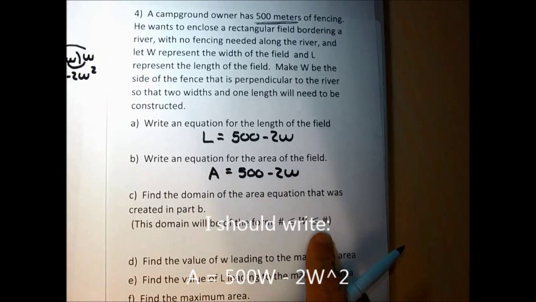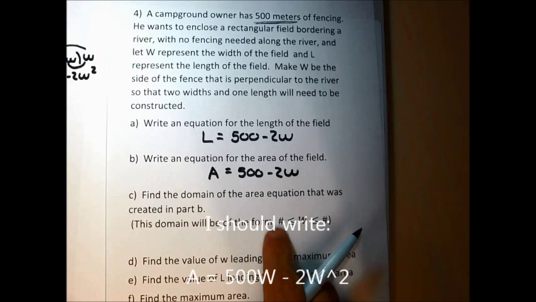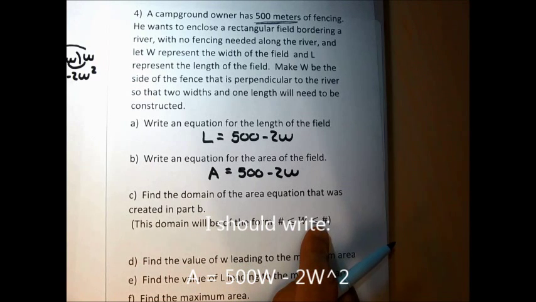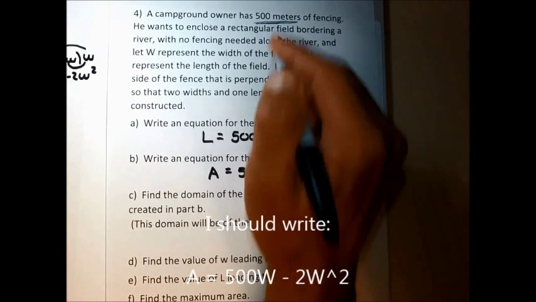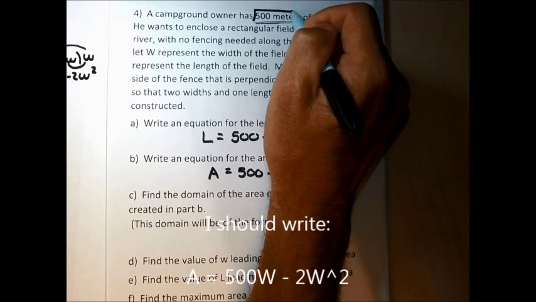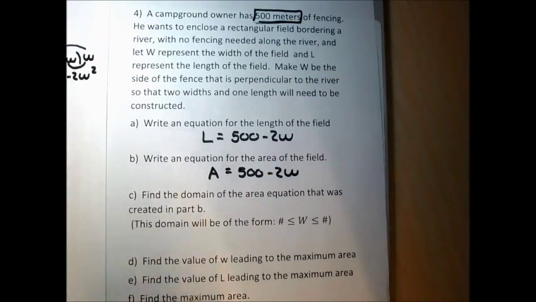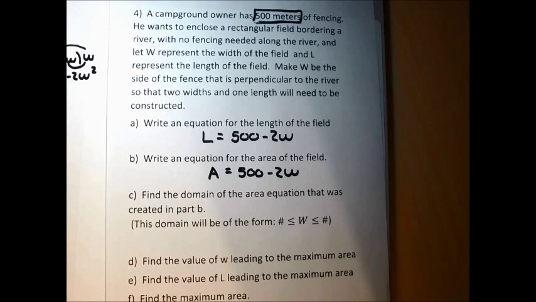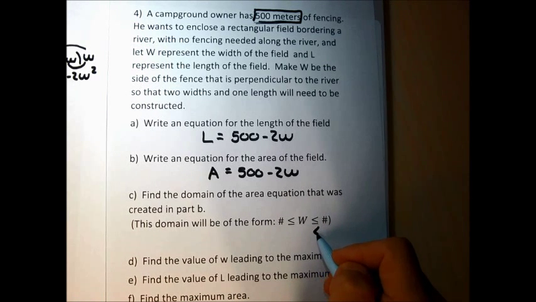Now I'm asked to write the domain, and the domain has to be in the form that the width is between a lower and an upper number. If I think about this, there's 500 meters of fencing. If I'm building 2 widths, the most either one could be is 250, because if you use each width at 250, you'd use up all your fencing. So just divide the amount of fencing by 2.